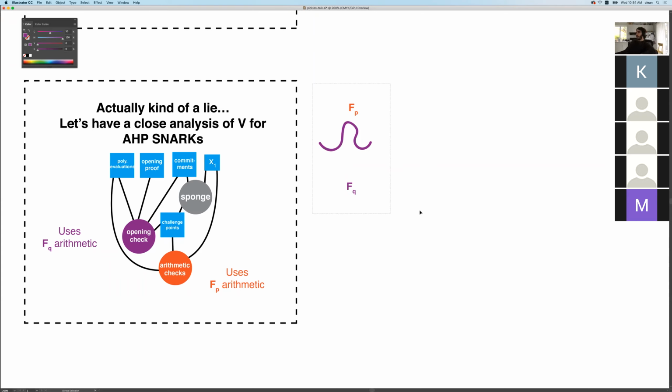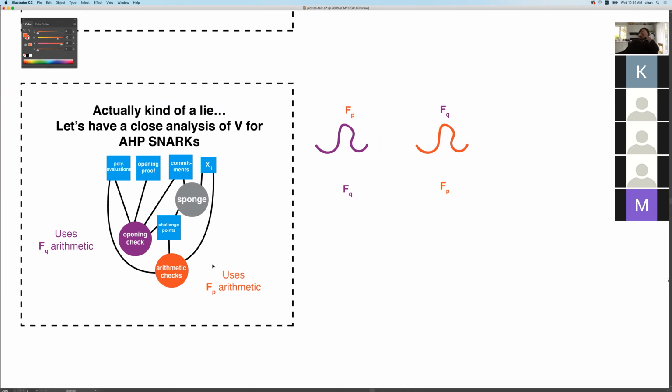Well, we just get another elliptic curve, who has the reverse situation. So this other elliptic curve will have scalar field. It's orange because it's defined over FP. It will have scalar field FQ, and it will be defined over FP.